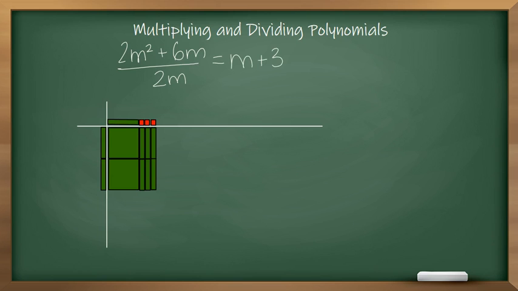If we wanted to do that symbolically, we just need to divide each term in the first polynomial by what we're dividing by. So we have 2m squared divided by 2m gives us the m, and 6m divided by 2m gives us the 3.